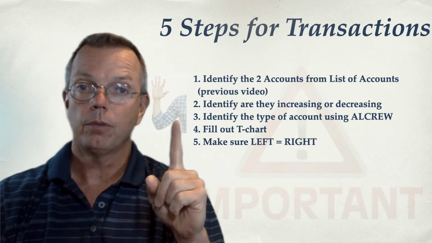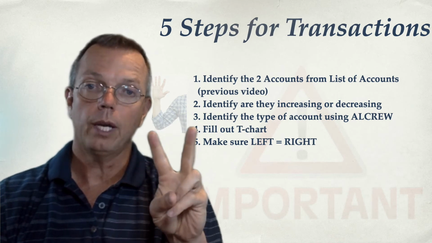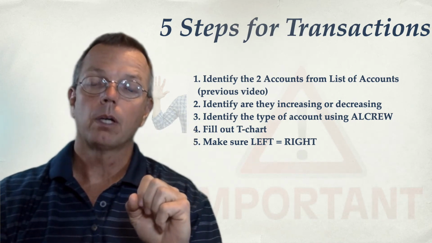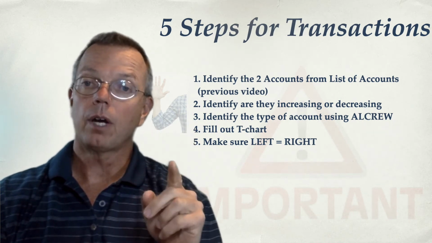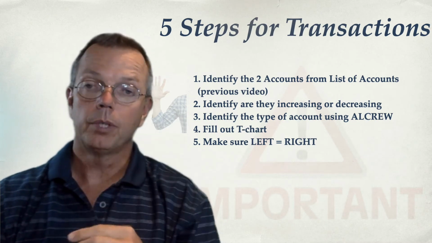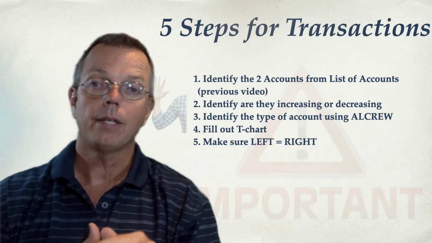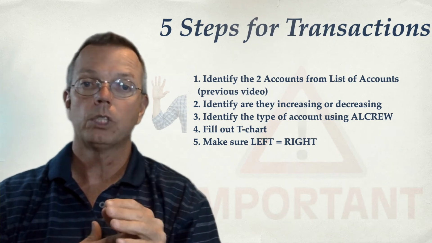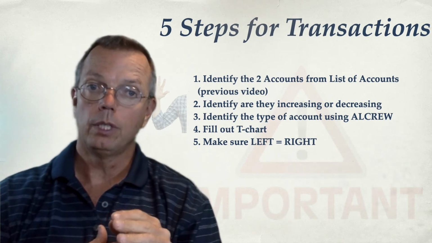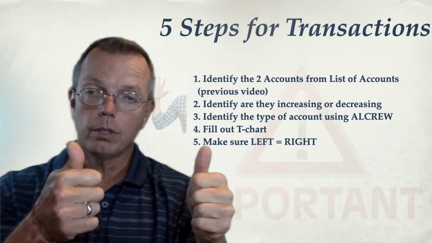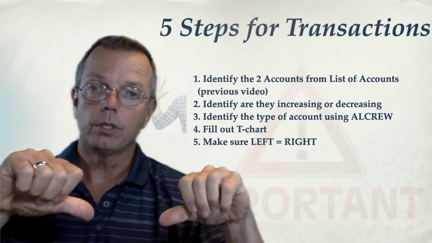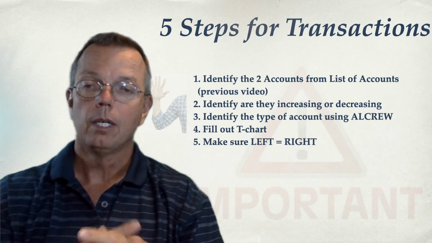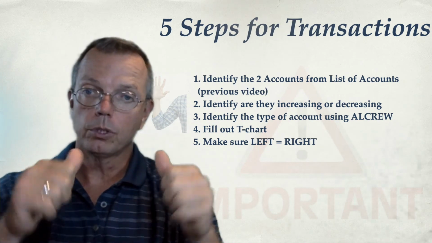The very first thing we need to do is identify which 2 accounts are going to be affected. We talked about all the accounts in a previous video, when we looked at what falls under assets, expenses, and liabilities. So we're going to look at which of those accounts you need to use. Are they increasing, going up, or decreasing, going down? So if someone gives you money, is your cash going up or going down?